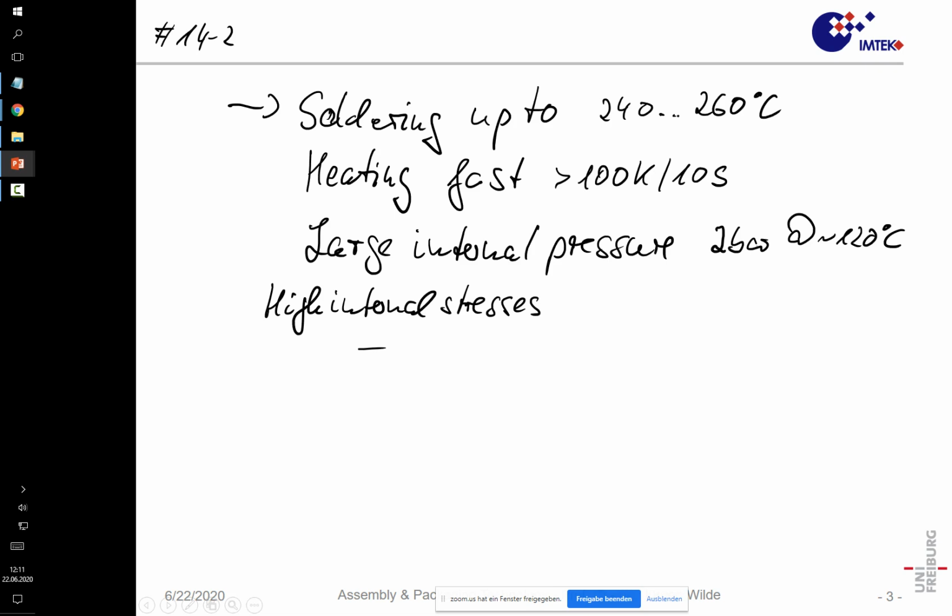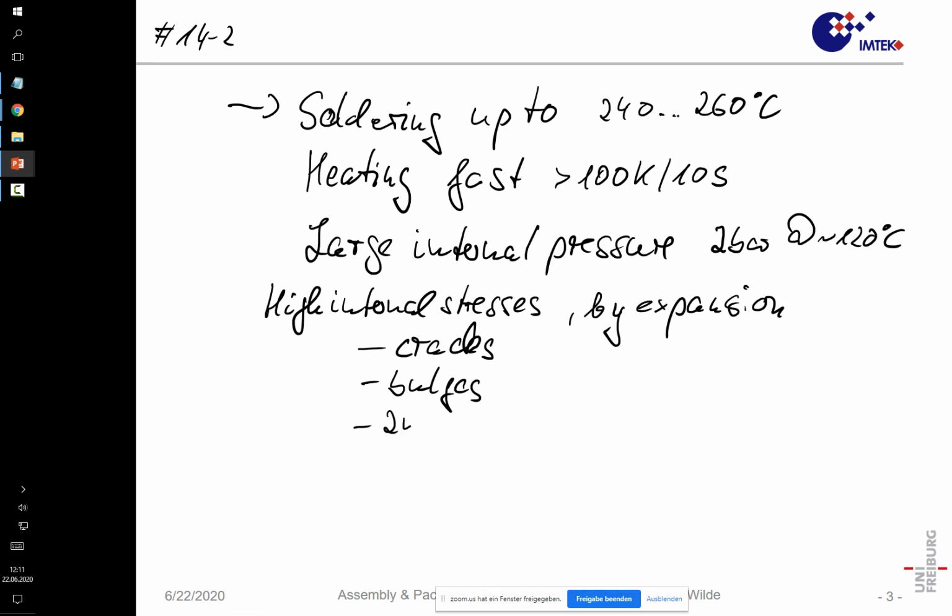And especially, so expansion of the water, and that mainly leads to cracks, bulges, and other secondary damages.